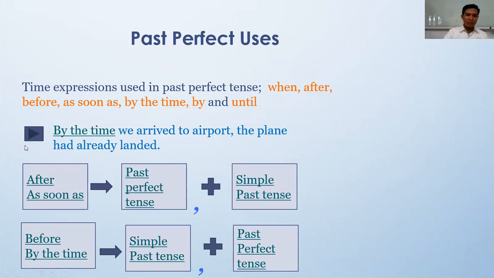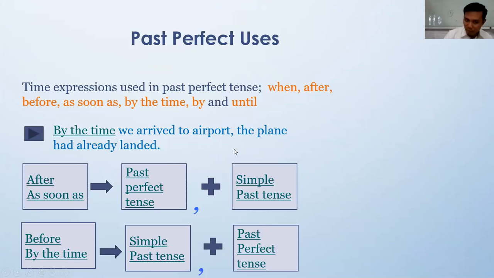Biasanya penyambungnya ada when, after, before, as soon as, by the time, by, and until. Here is an example. By the time we arrived at the airport, the plane had already landed. Yeah. By the time we arrived at the airport, the plane had already landed. Pada saat kita sampai di airport, the plane had already landed.